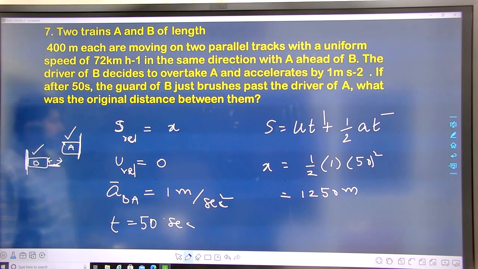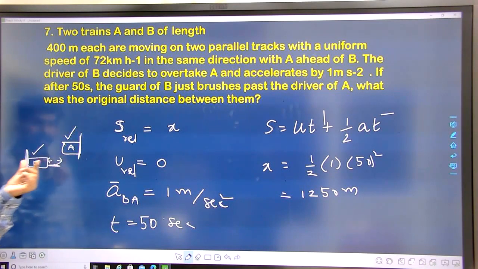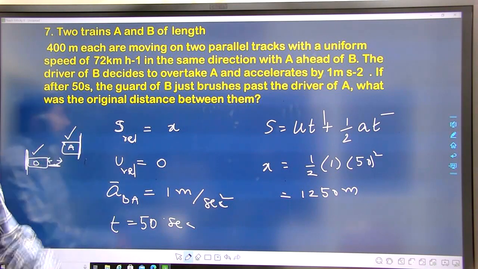Na? That means 1250 includes the separation plus length of A and length of B. Whole thing will be covered there.